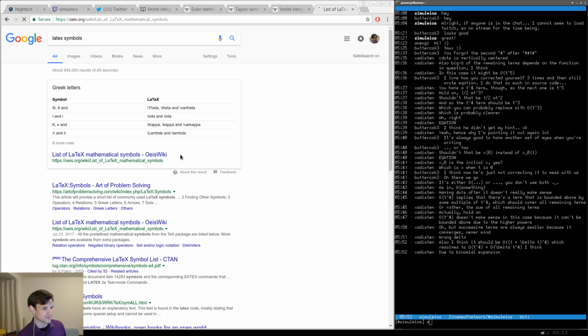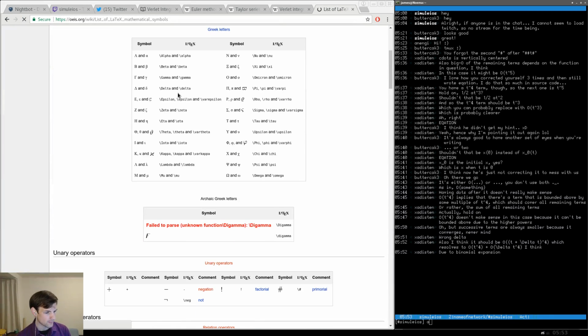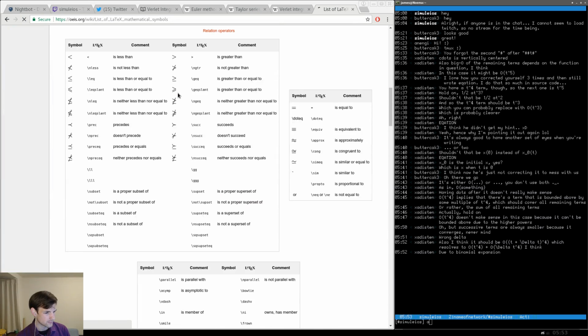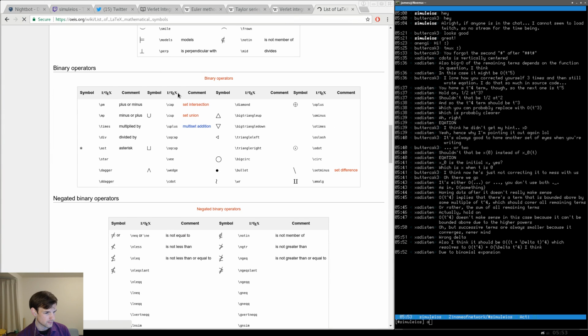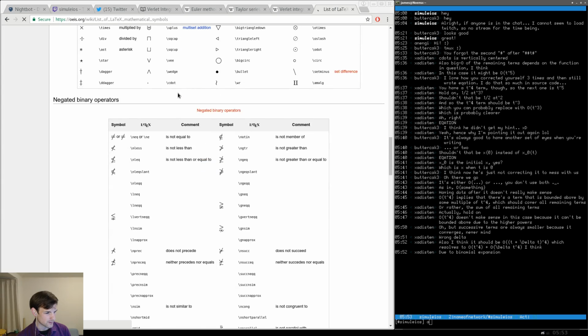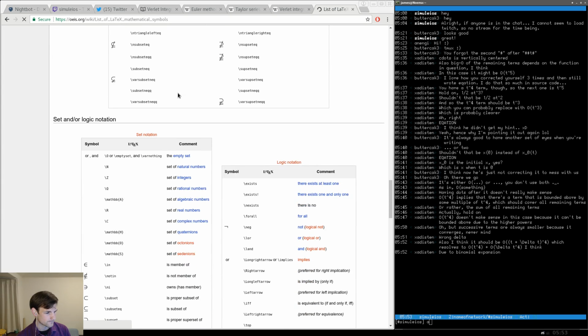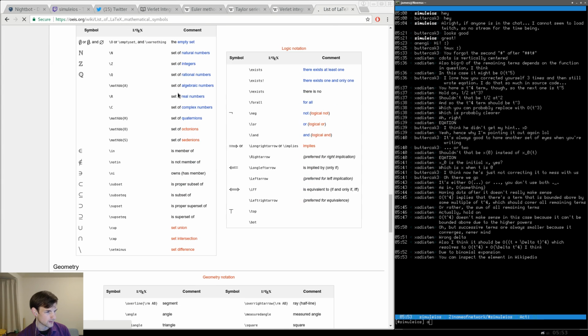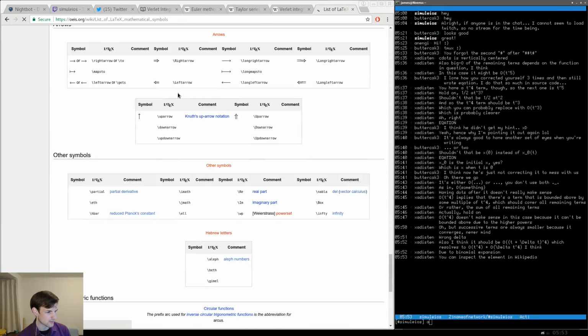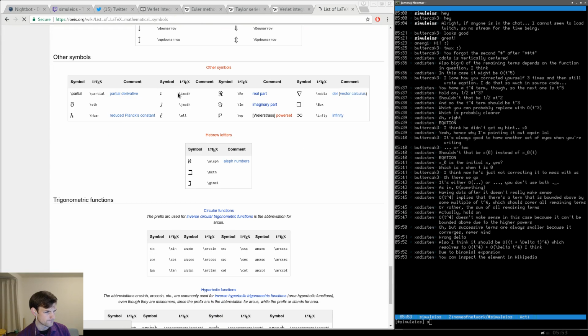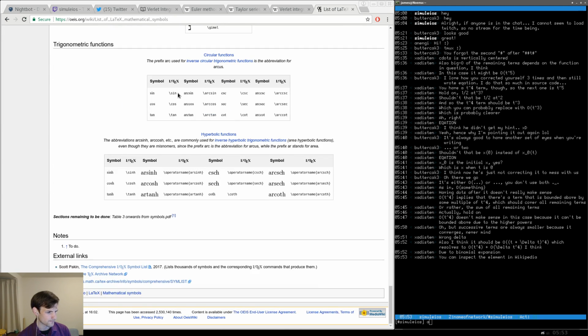Okay, so let's take a look at this. See what we have. I'm looking for big O. Minus, plus. Oh yeah, I have no idea where this would be. Empty set's probably not what I want. Geometry, delimiters, arrows, other symbols. Box is probably not what I want.